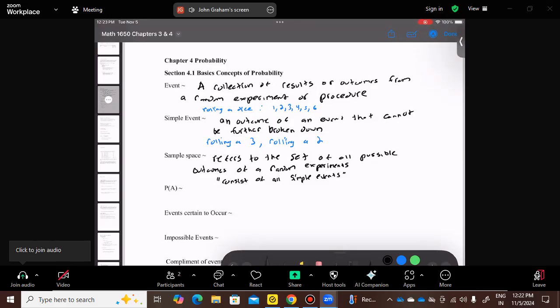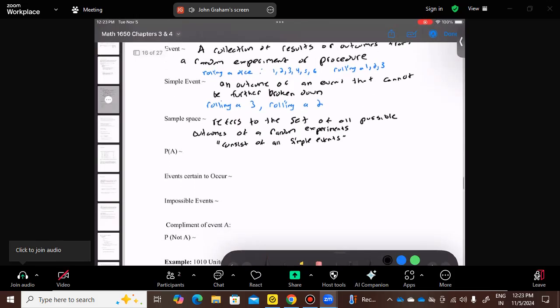This is different because an event doesn't have to be all possibilities. It could be rolling a 1, 2, or 3. It doesn't have to be all possibilities, whereas sample space is all possibilities.